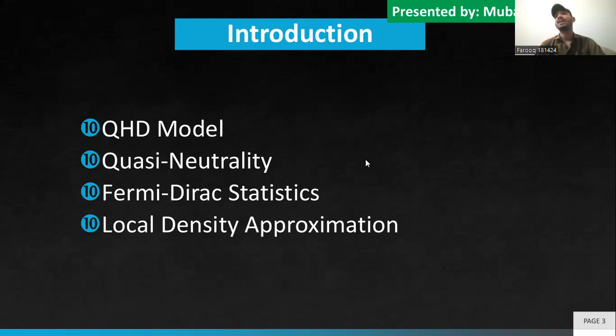Fermi-Dirac statistics. What are the Fermi-Dirac statistics? For Fermi-Dirac statistics, we add the spin of the electron or the Fermi particles, and we check the contribution of quantum current generated by the Fermi particles. Next, the local density approximation.